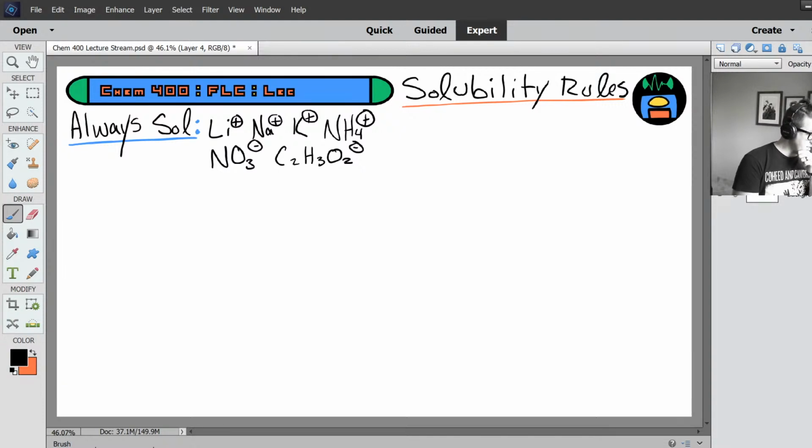Okay, Angelina's got a question. So if a compound is aqueous, that means there's water, but we just don't put the water in the equation. An aqueous compound is actually ions and not a compound. Okay, Angelina, great question. For aqueous compounds, water is the solvent.